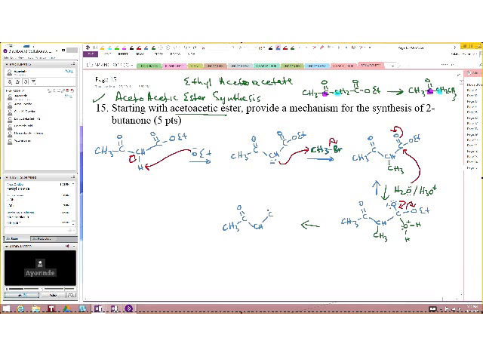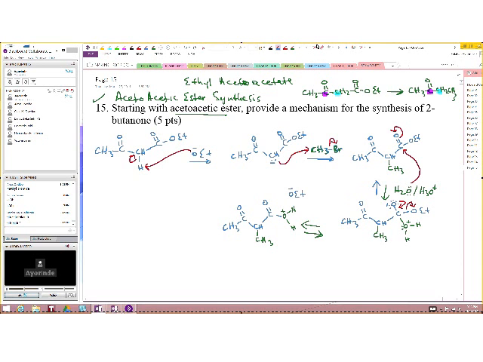Since we are going to reform this, and this is now here, it's a reversible process. And of course this is here, and the ethoxide, just as you guys said, will be here to grab this.